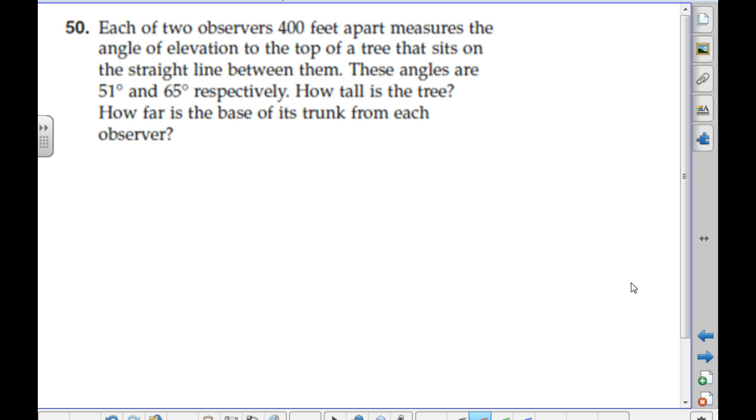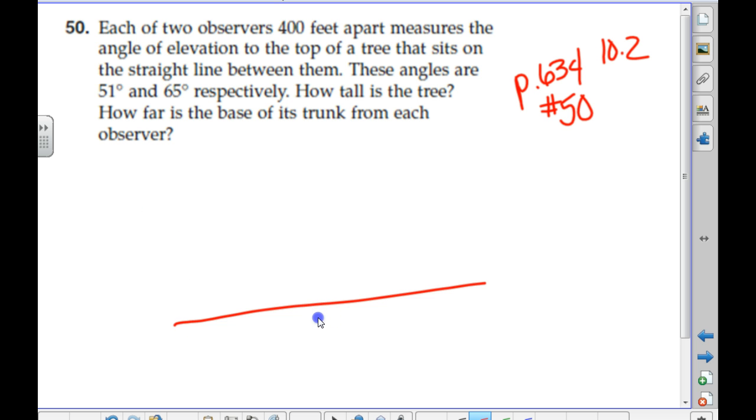Okay, this is actually exactly like a question we just did. This is page 634, number 50. This is assignment 10.2. Two observers are 400 feet apart.